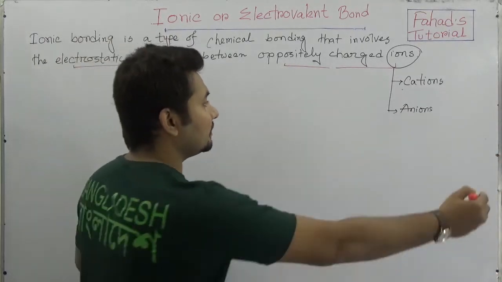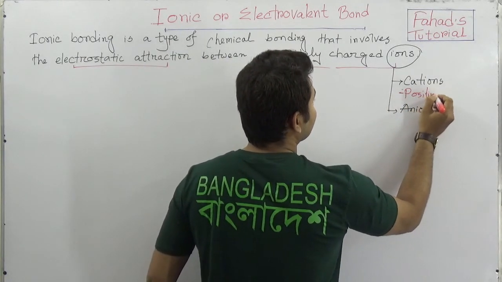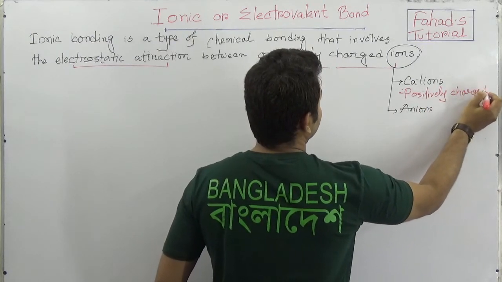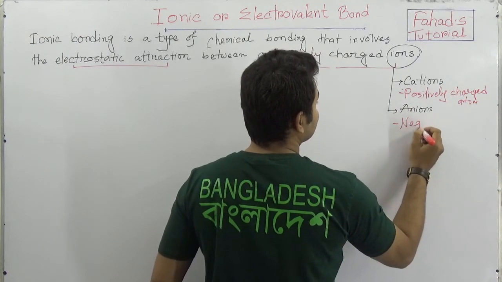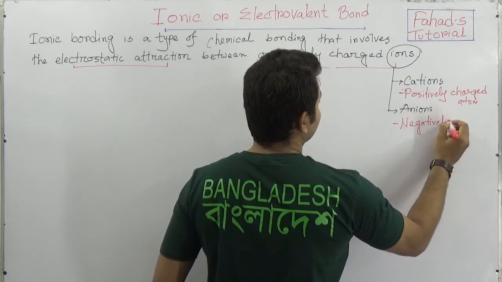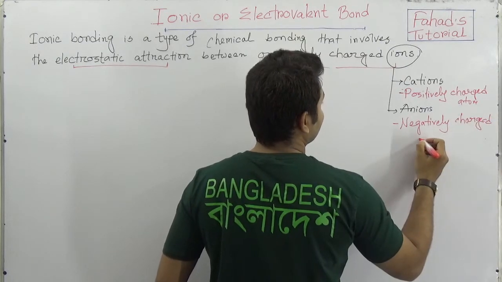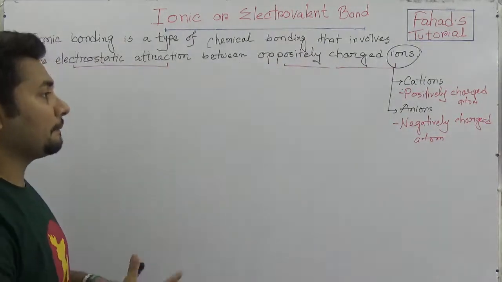So cations are positively charged atoms, and anions are negatively charged atoms. Okay, so I'm coming to the idea.